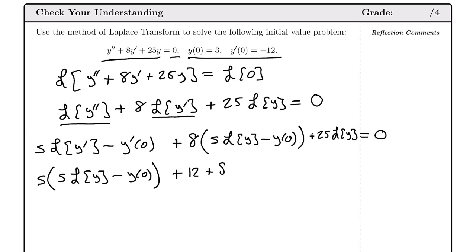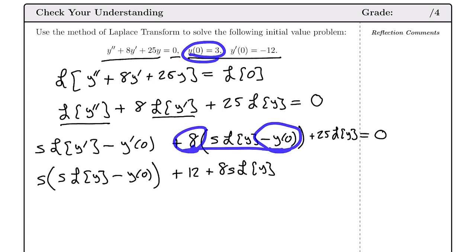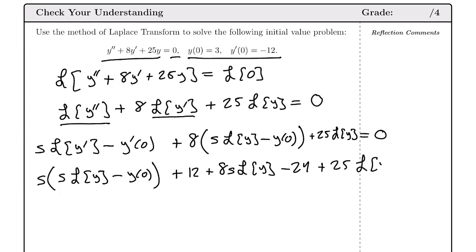Plus 8s L of y. This y of 0 is 3, so negative 3 times 8 would be negative 24. So minus 24 plus 25 L of y equals 0.